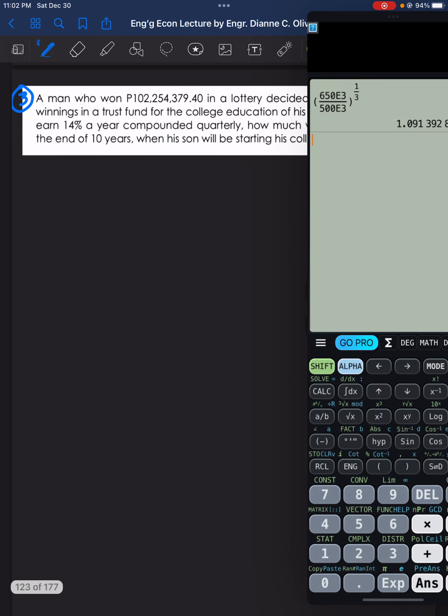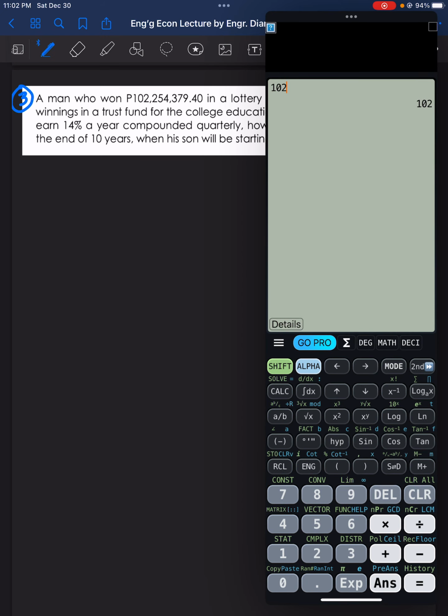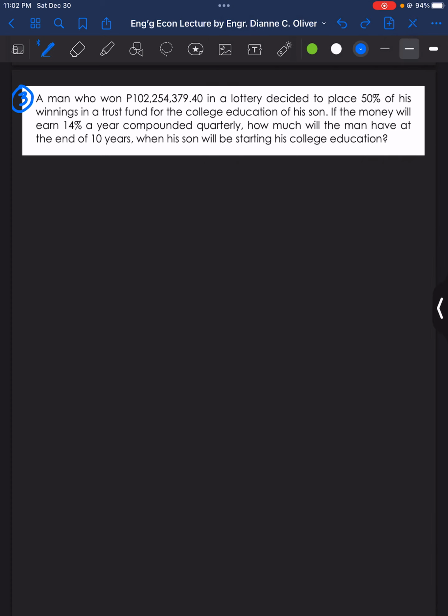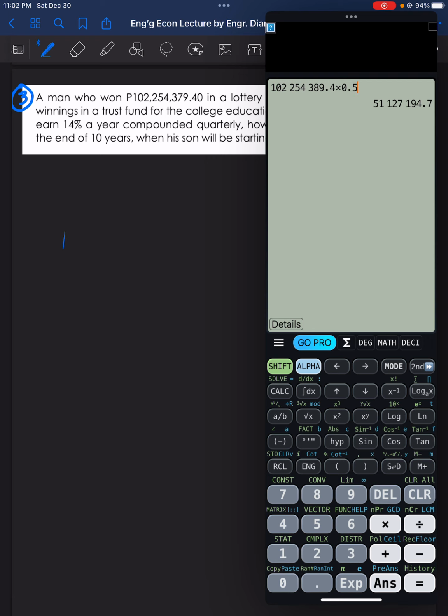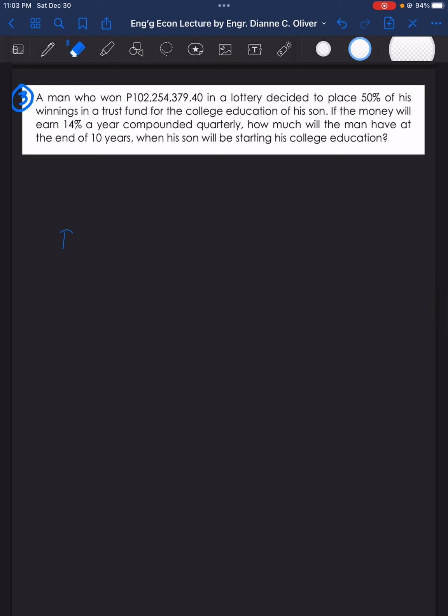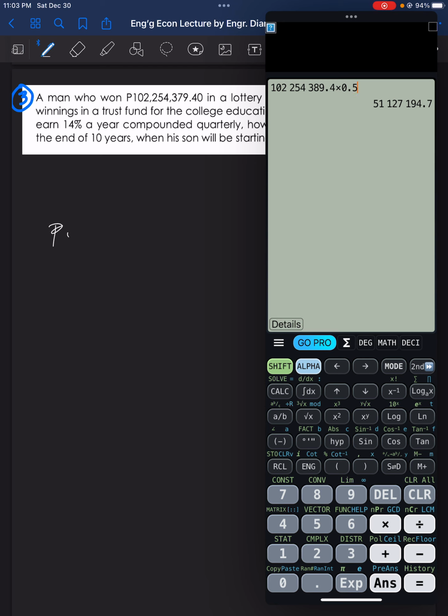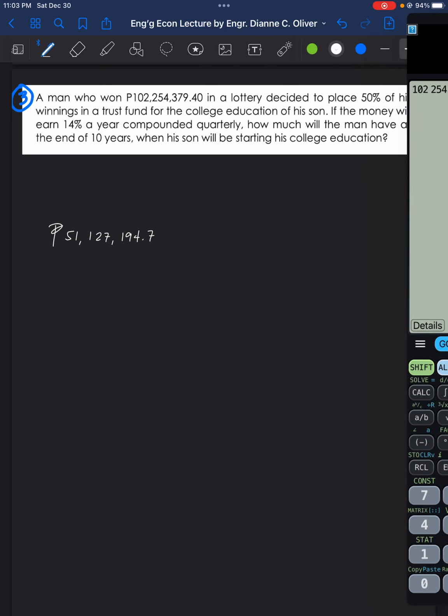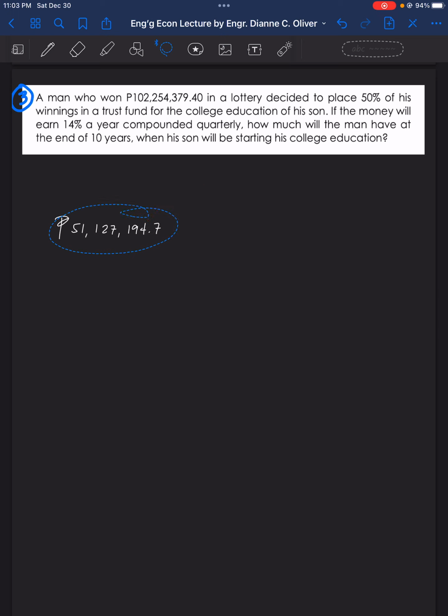So half of 102,254,379.4 will be 51,127,194.7, being the principal amount.